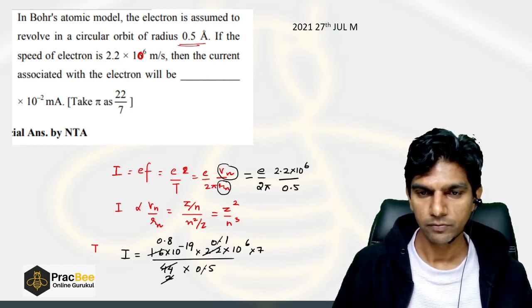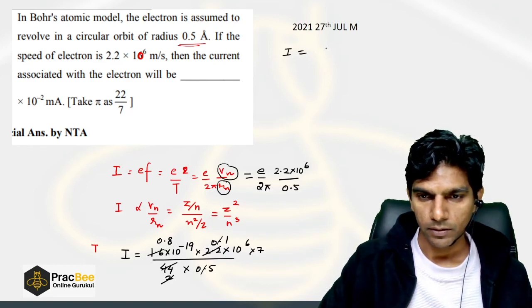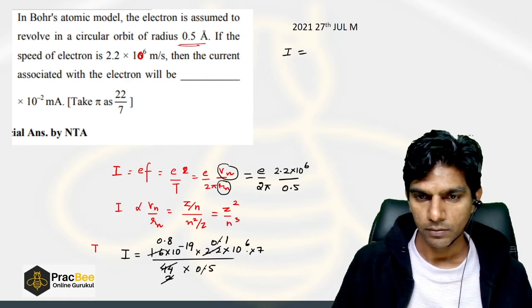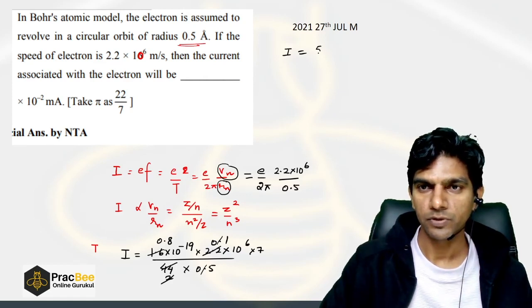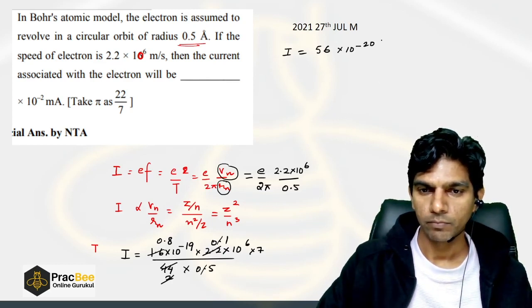So I will be 8 and 7, right? 8 times 7 is 56 into 10 raised to power minus 20 plus 6 by 5.